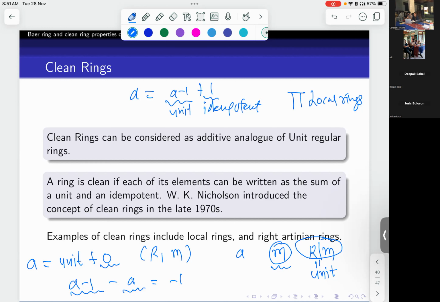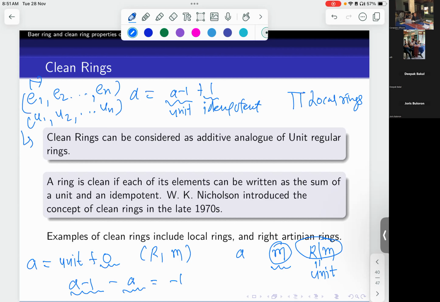The product of local rings need not be local, but the product of local rings is a clean ring. You can separate out idempotents, you can separate out units, and this way you get the split of unit plus idempotent. So they need not be local, but they are clean.